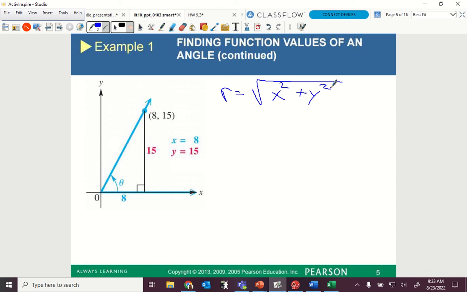We said that x squared plus y squared equals r squared, right? Say yes. This is my Pythagorean theorem. And I want to get my r by itself. How do you undo a square? Square root, right? So I'm going to square root both sides.